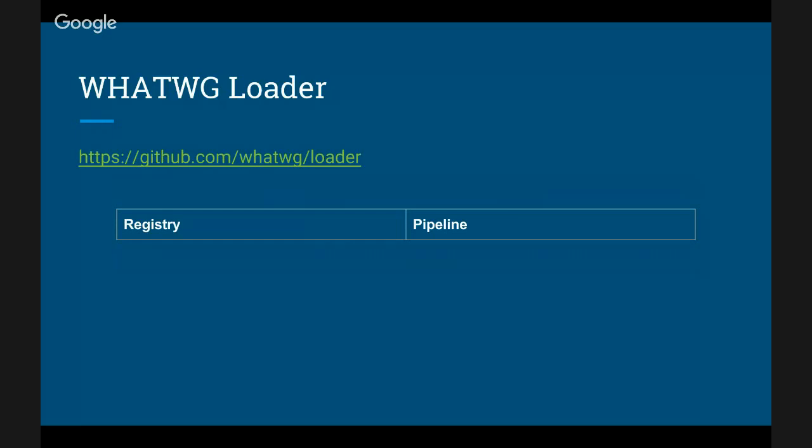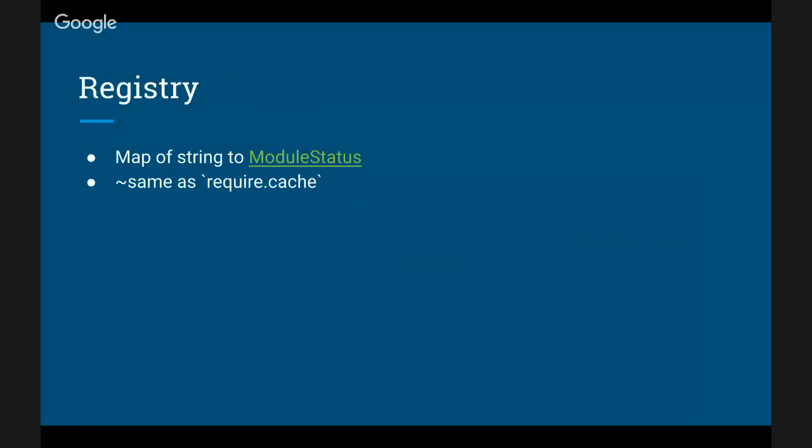The registry is basically what we think of in Node land as require.cache. So what is it? It's a map of strings to what are called module status, which is just a module object describing the current status of it, what's currently being exported, and things of that nature.